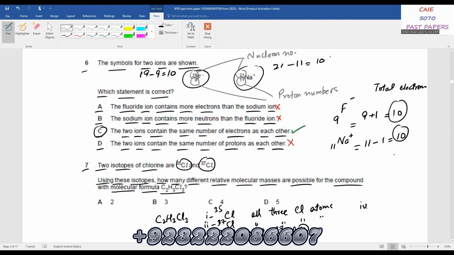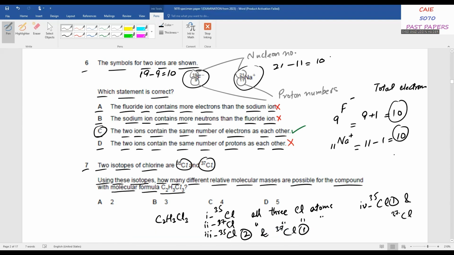Possibility number 4: you have 1 Cl35 and 2 Cl37. So this is the maximum possibility you can have. So you can have 4 relative molecular masses for this compound. So C must be the correct answer.